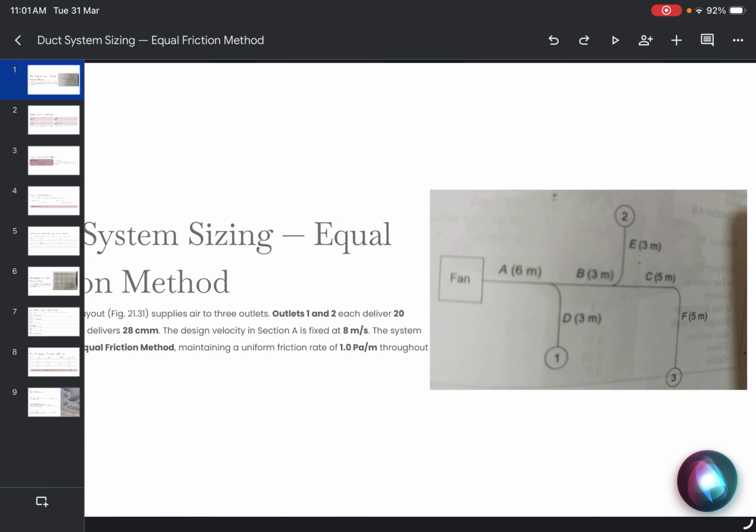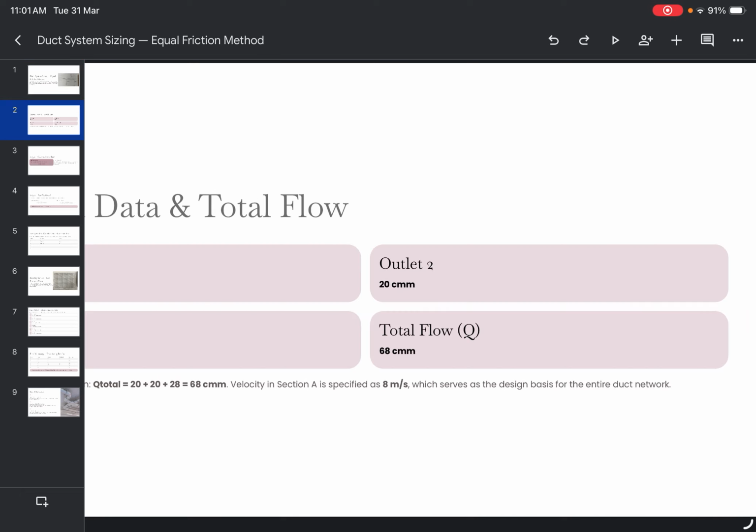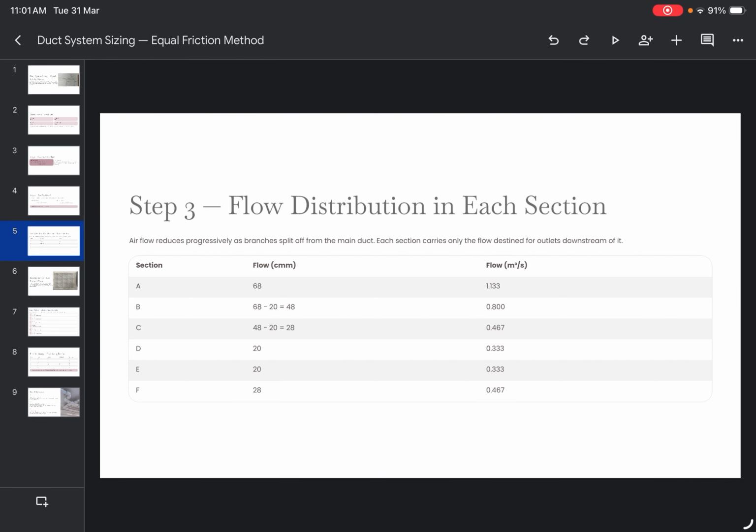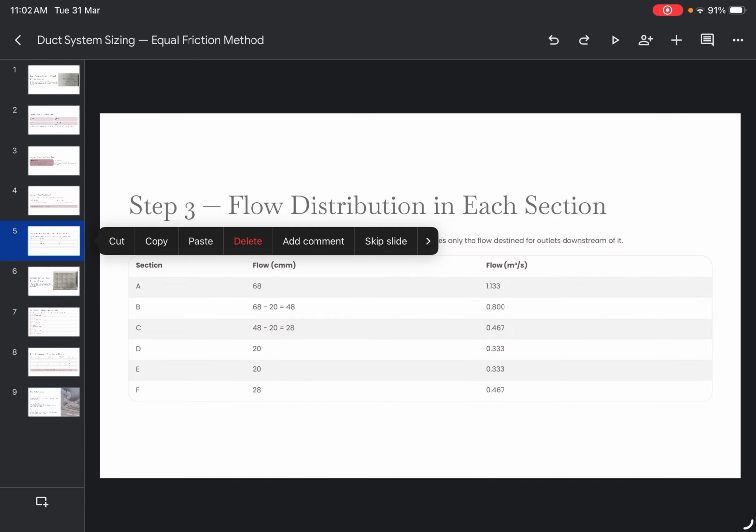Once you do that, you are then left with the determination of the diameters. Okay, how do you determine the diameters? Because now you know two parameters on the friction chart, right? You know the friction rate, which is 1 pascal per meter, and you know the corresponding flow rate Q at different sections.